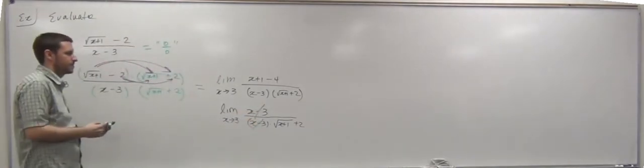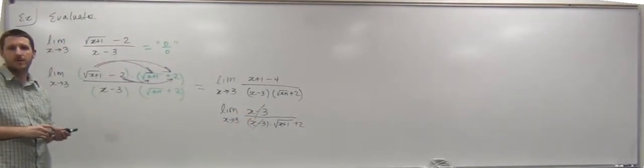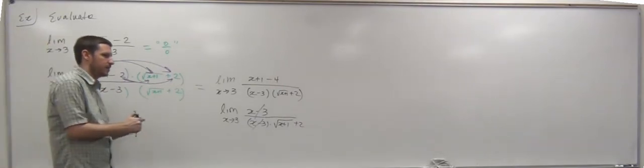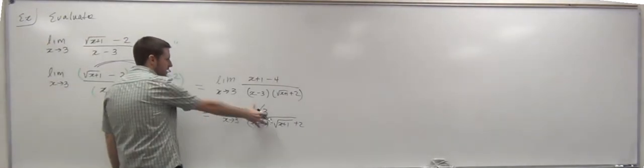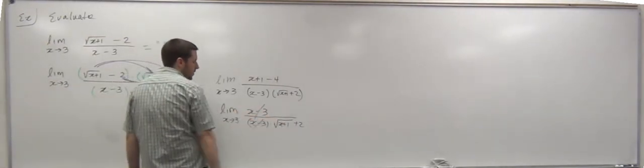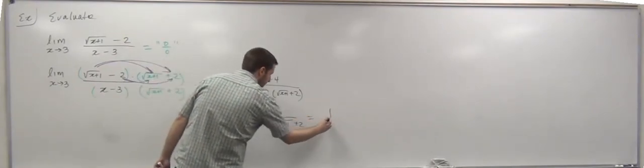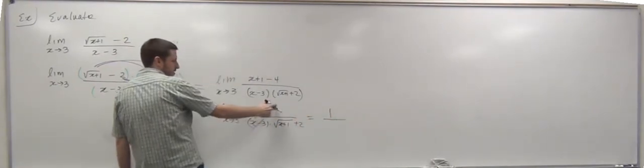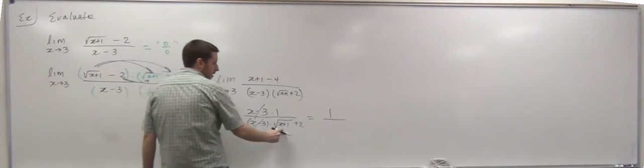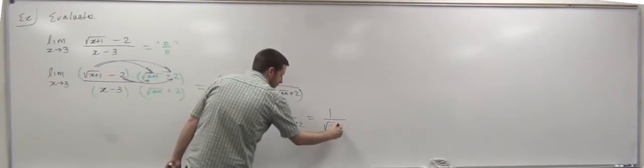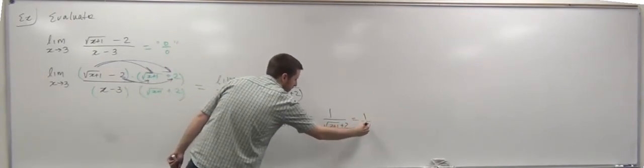And you get 1 over 4. Now you can plug it in. Because the x minus 3's went away, when you plug in 3, you'll get 1 on top, because there's always a 1 sitting up there, over root 3 plus 1 plus 2.